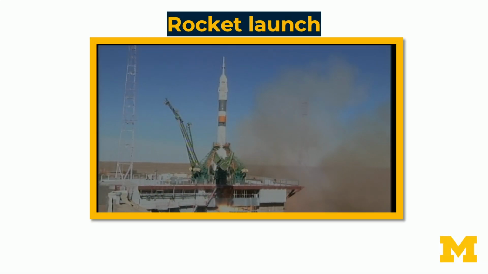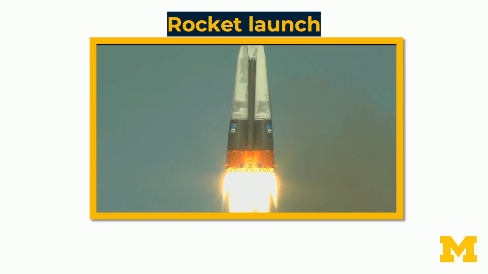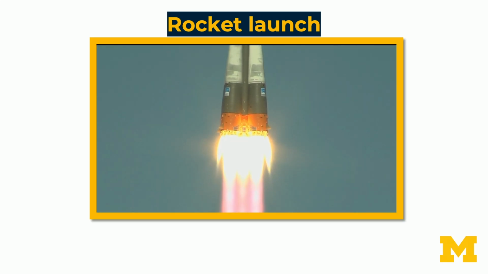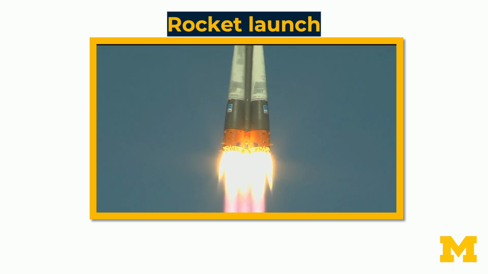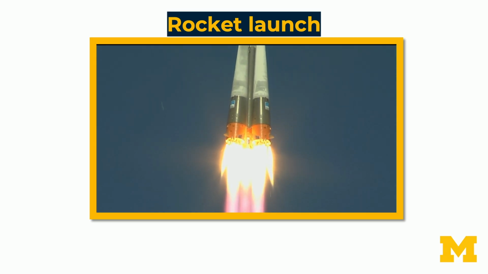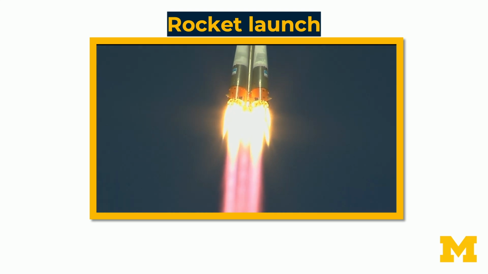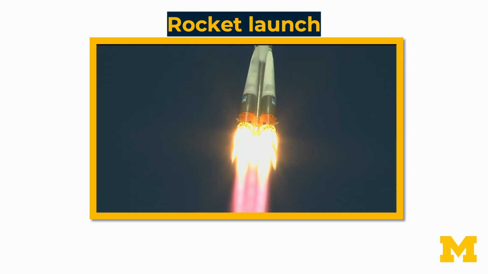So, what does this have to do with rockets? Well, we'll get into the details of this later, but that fire stuff coming out of the back of the rocket, that's not just pretty lights and fire coming out. That is actually stuff coming out of the back of the rocket, right?